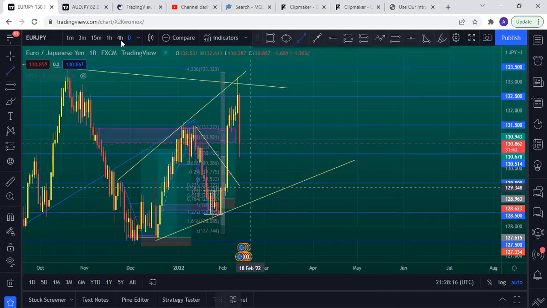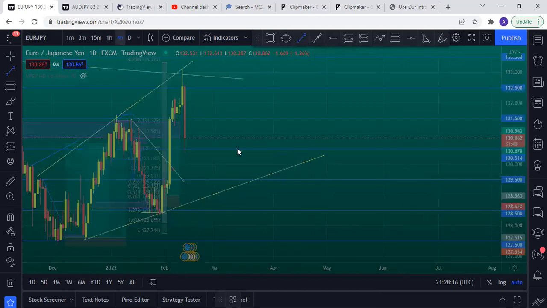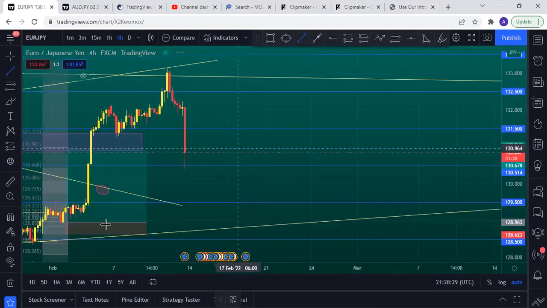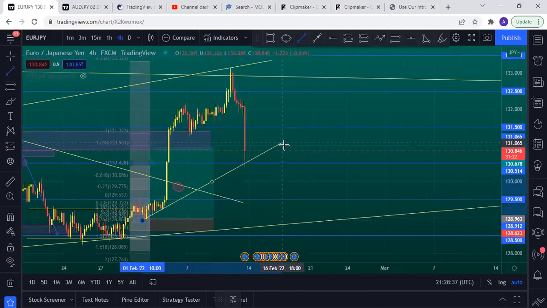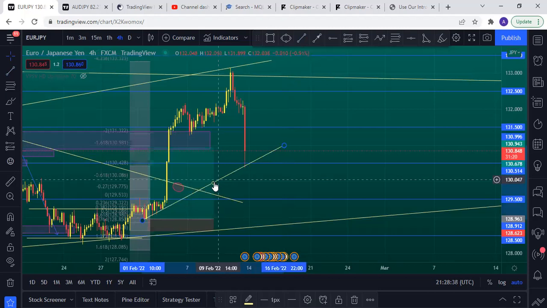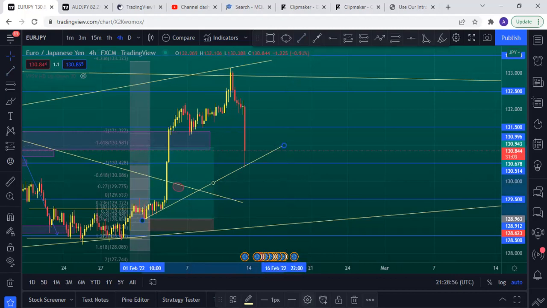Let me go to the 4 hours time frame. All right, so on the 4 hours time frame, we can see these trend lines. All right, that is a minor trend line, and you see that currently price is reacting to that trend line. All right, so let's look at this.